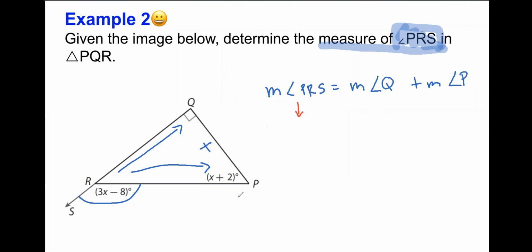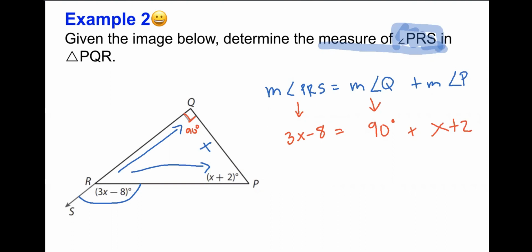PRS represents this expression, 3x minus 8. Measurement of angle Q is implied; we're told that it's 90 degrees. And measurement of angle P is another expression, x plus 2.